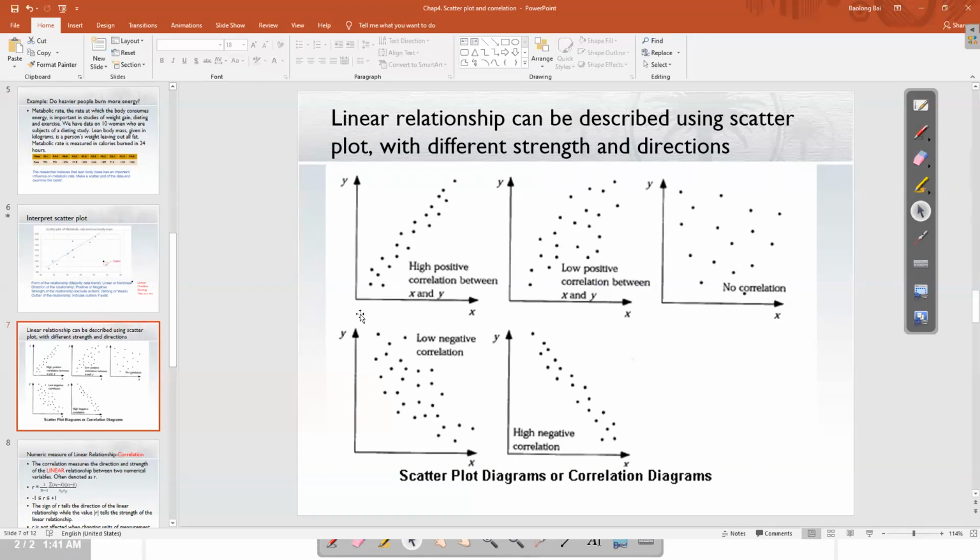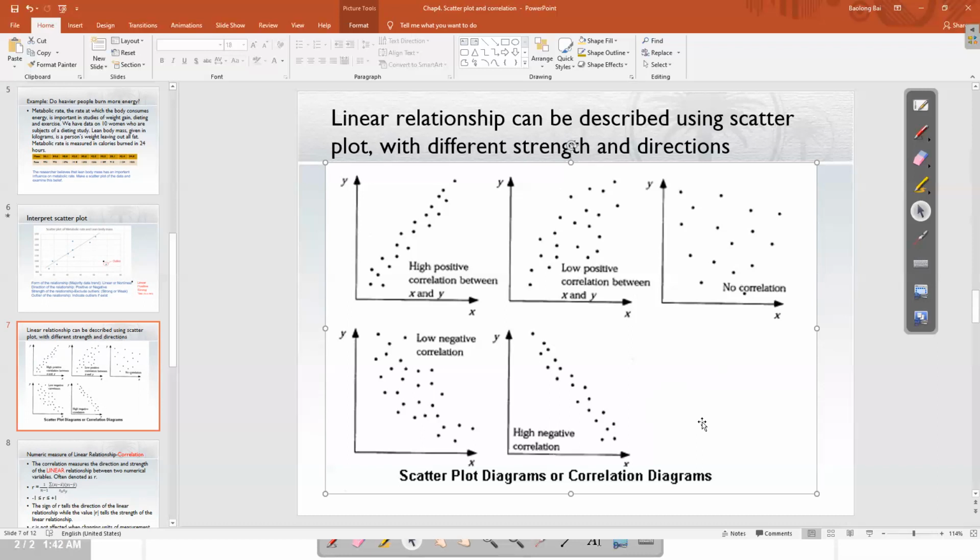And here you have a pretty weak, but negative linear relationship. And this is pretty strong, but negative and linear. So: positive strong linear, positive weak linear, no linear relationship, negative weak linear, negative strong linear. So we can see if the two variables are related. This is how we describe linear relationship using graphs.